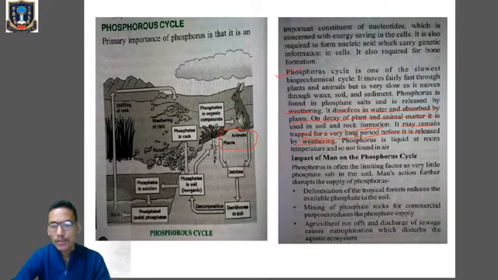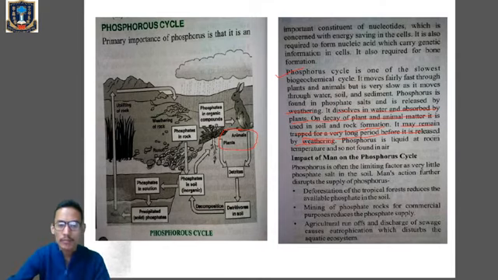Phosphorus is not found in air. So mainly phosphorus is present in the form of phosphate salts and is only released by the process of weathering. It will dissolve in the water, and since it is dissolved in the water, it will be absorbed by the plants. And whenever the plants and animals decay, they will decompose by the process of decomposition. Clear?